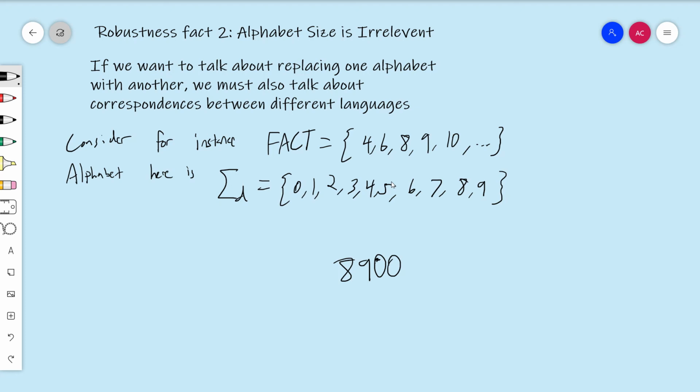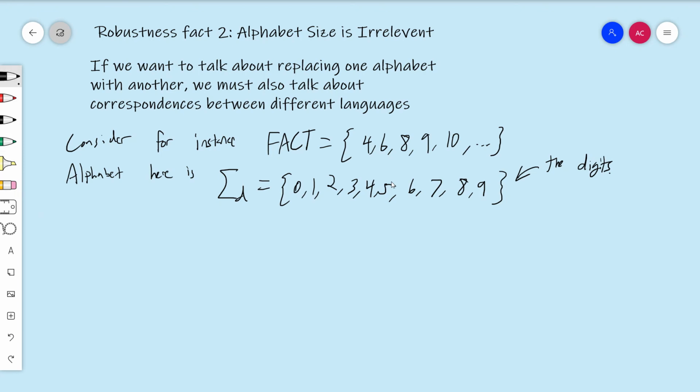And so implicitly, what factor really is, it looks like a set of numbers, and it is, but in the computability theory sense, it's really just a collection of strings over this alphabet, which has the standard digits, right? These are the digits. And this is the natural way to represent the language. But there are other ways to represent the language.